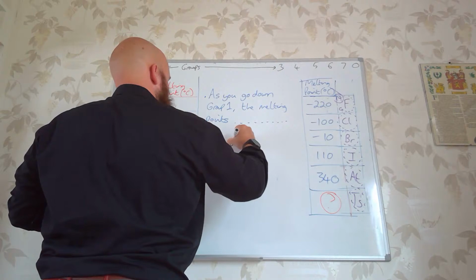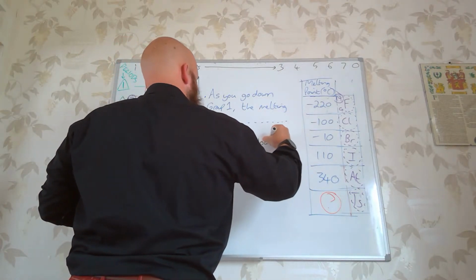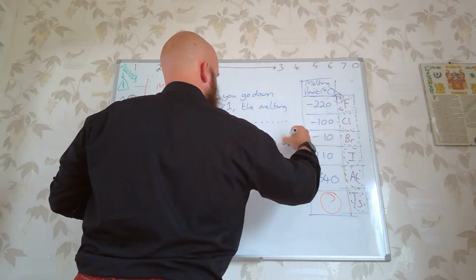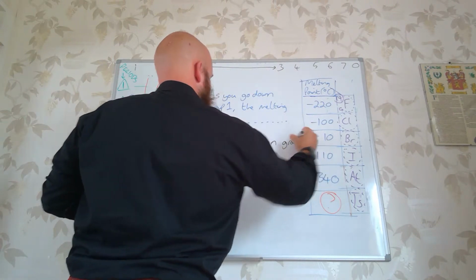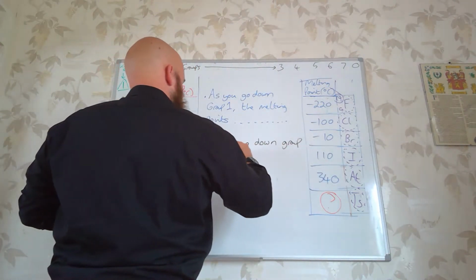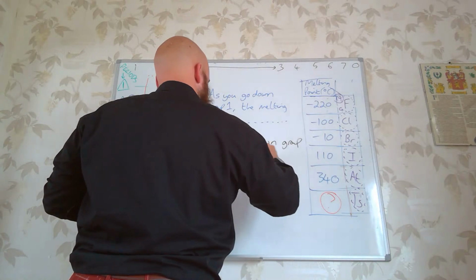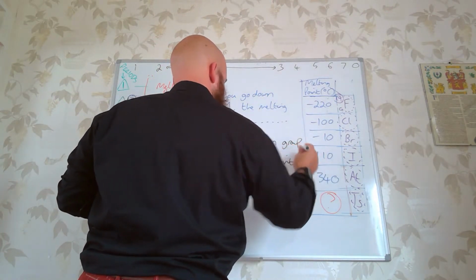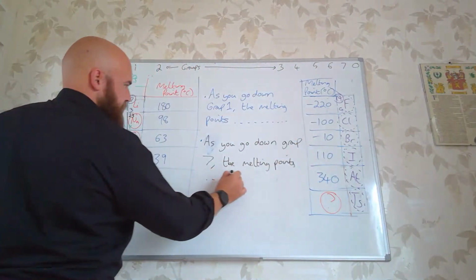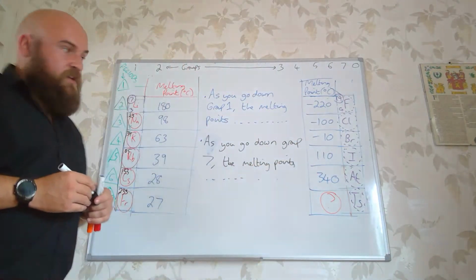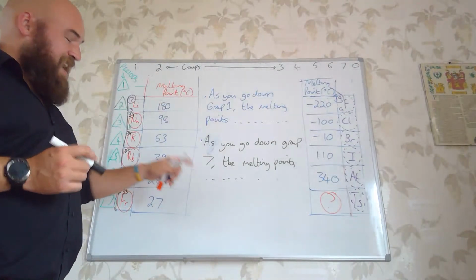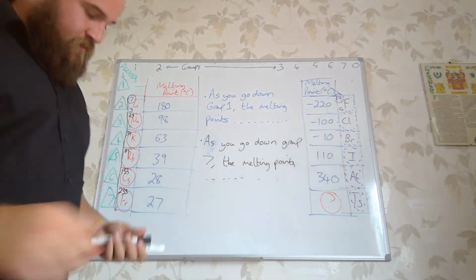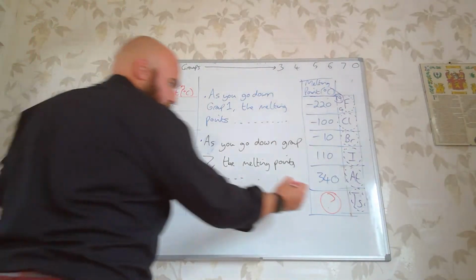And then the second sentence, I'll do it in black: as you go down group 7, the melting points, and then finish the sentence. So you're going to write two sentences, and then the final sentence I want you to write is about this question mark.